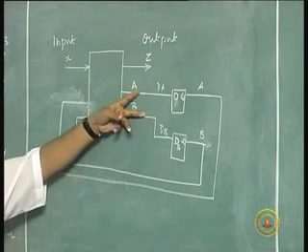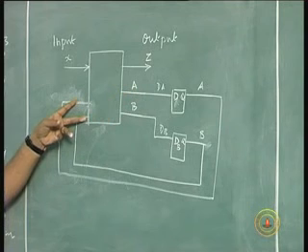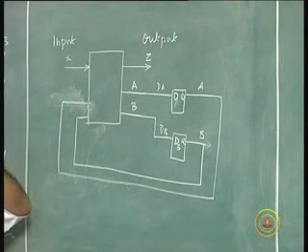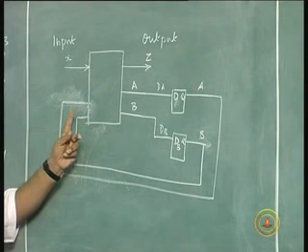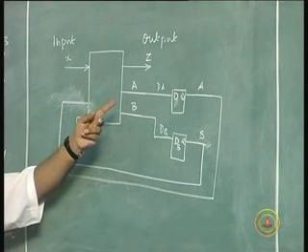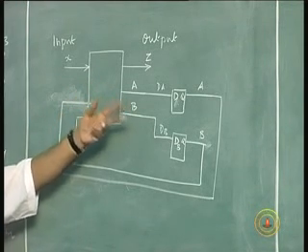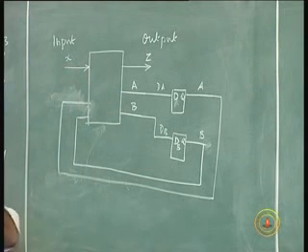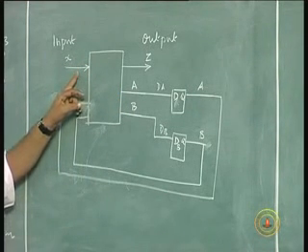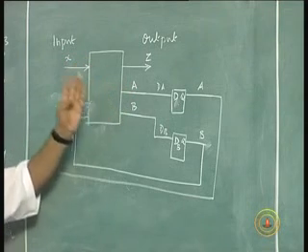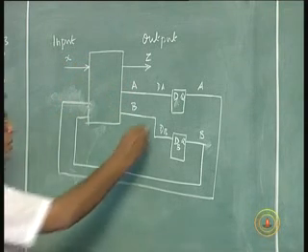So the A and B values are given back into this. This is the present state information which is held by the flip-flop along with the input. Present state information along with the input, and then it will reach the next state after the clock edge. So I will use this clock here.